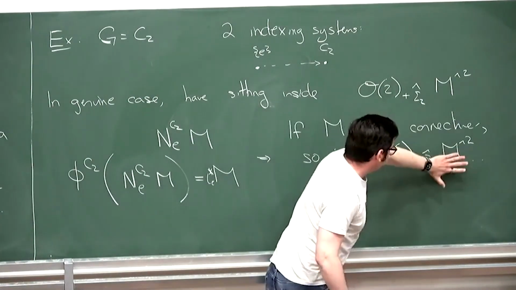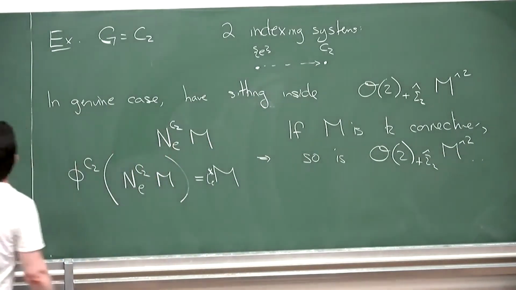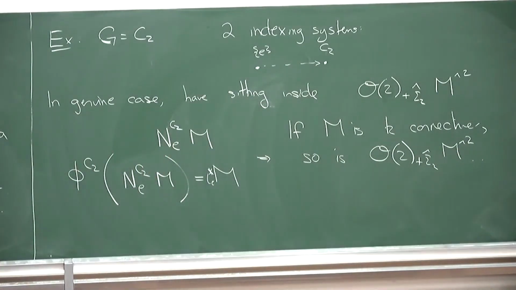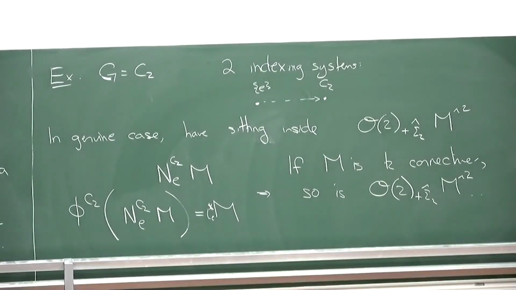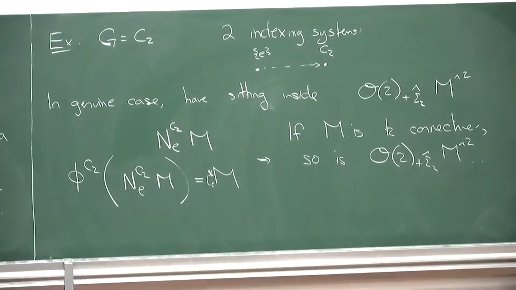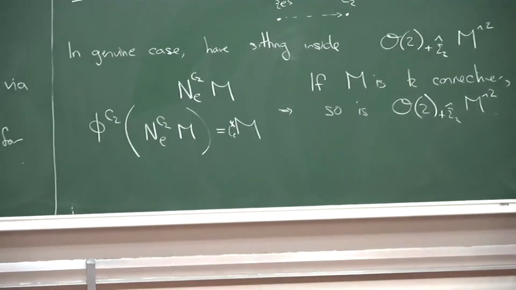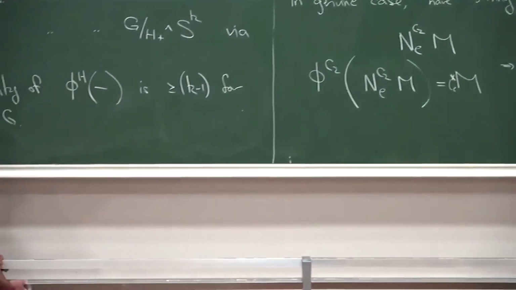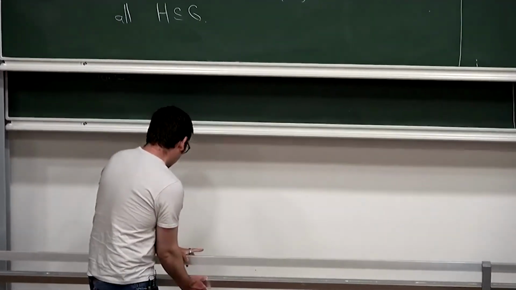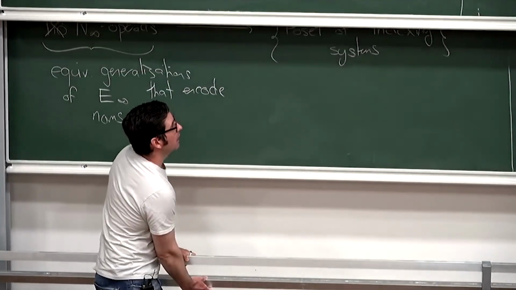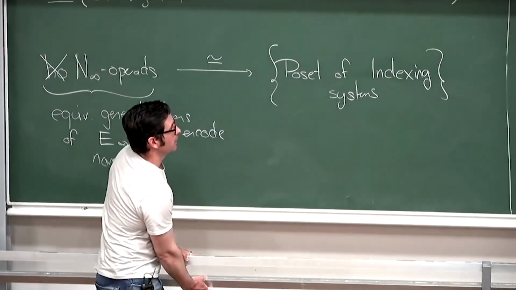So when I'm trying to approximate things and do some kind of Andre-Quillen-type construction, I can't just do something with this ordinary connectivity. And so in the last few minutes, I'll build my generalized filtrations.